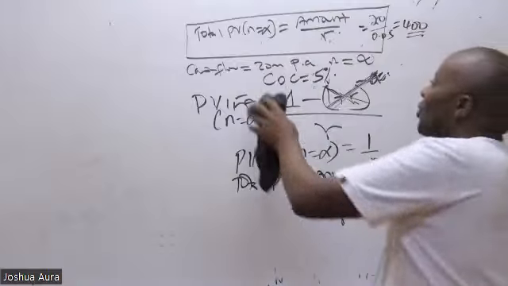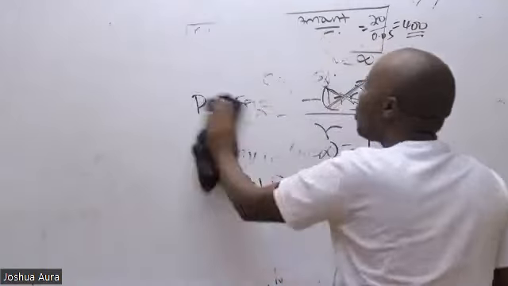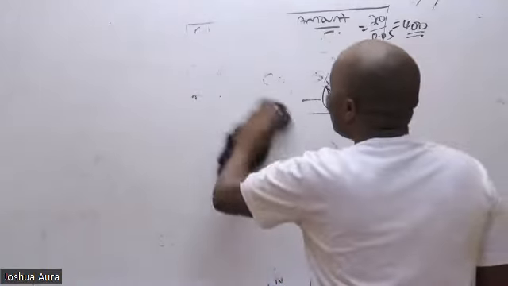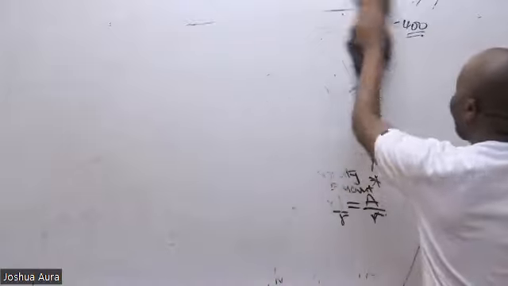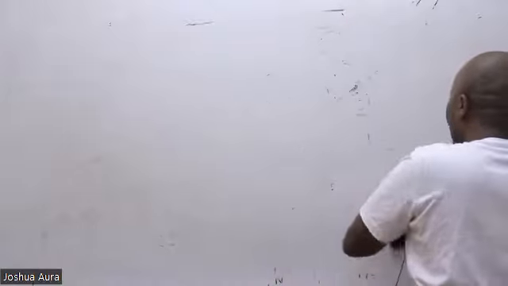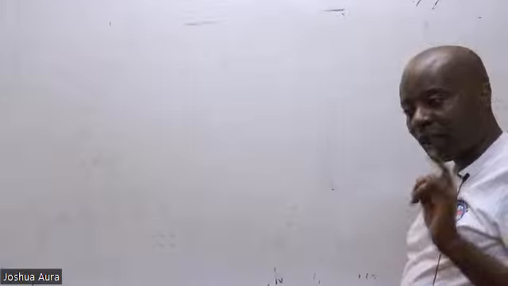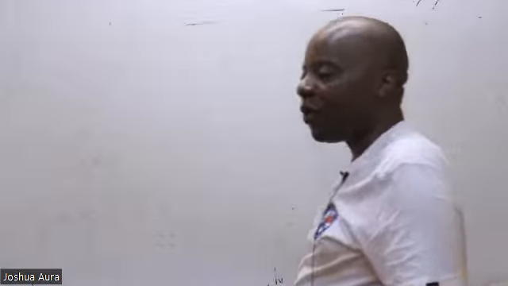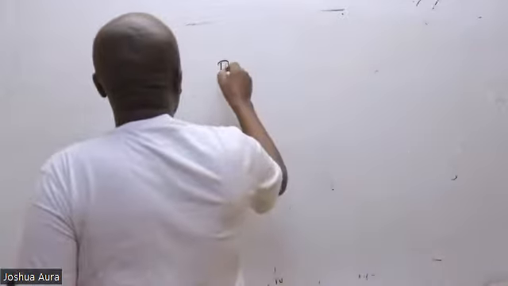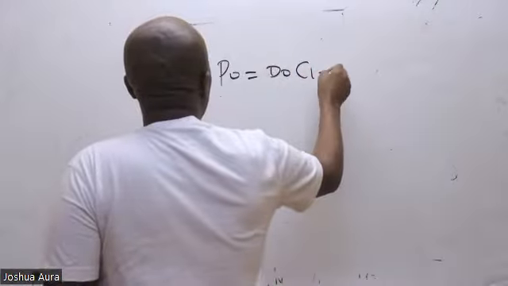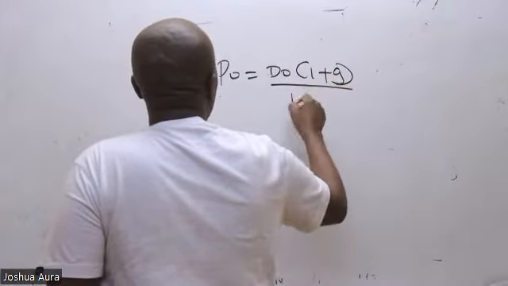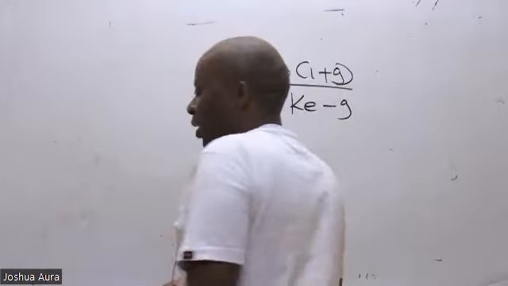Great. Now, ladies and gentlemen, please listen to me very well. This formula is so important to me because I'll also use this particular formula for valuation of securities. To get the value of our securities, we normally say P0 equals D0 times 1 plus g all over Ke minus g.